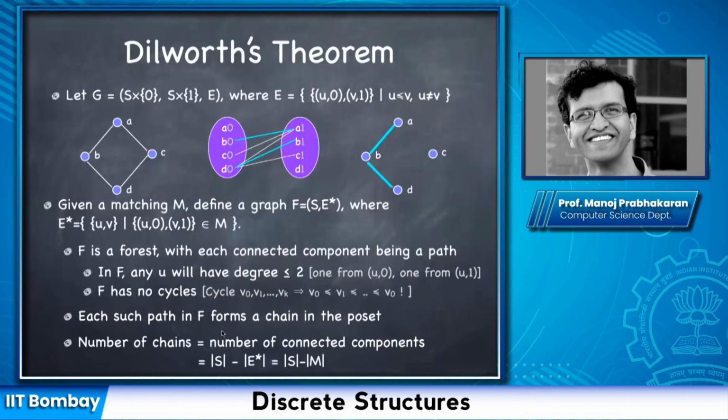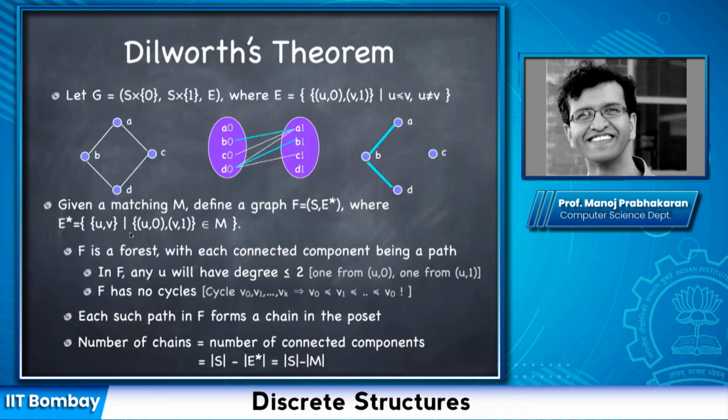But I do know this because there is a relation between the number of edges and the number of connected components in a forest. So the number of connected components is exactly the gap between the number of vertices and the number of edges.